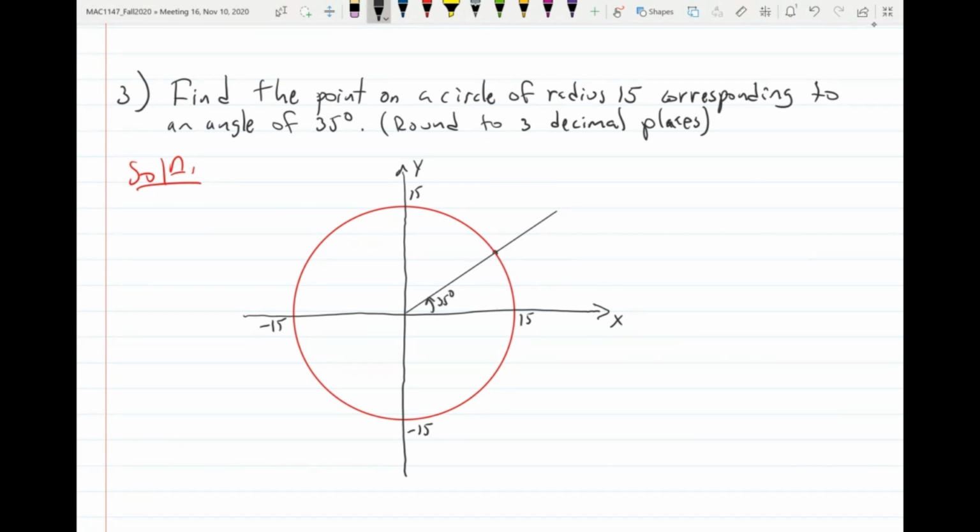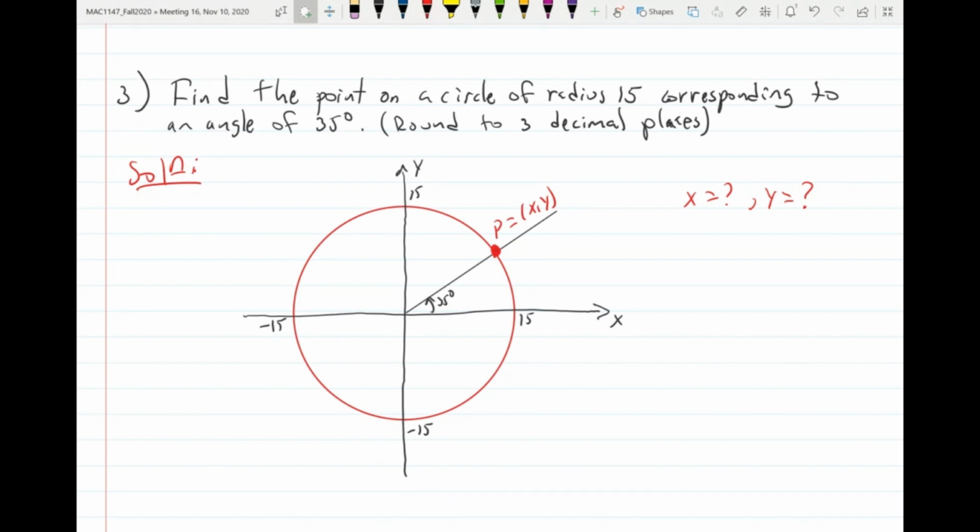It's going to give you a point on the circle. Let's call it P. And the question really is what's x and what is y. So what we want to figure out here is the value of x and the value of y. Everybody understand the question? This is the setup of what's happening.